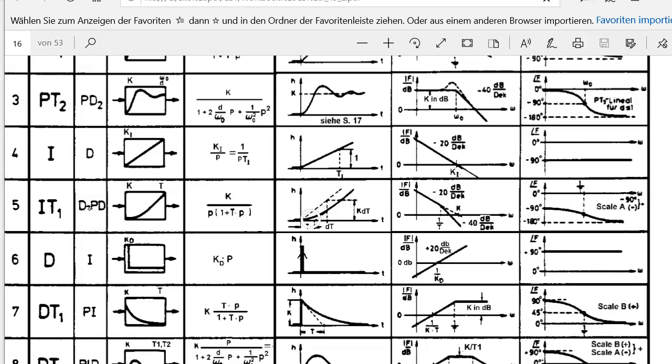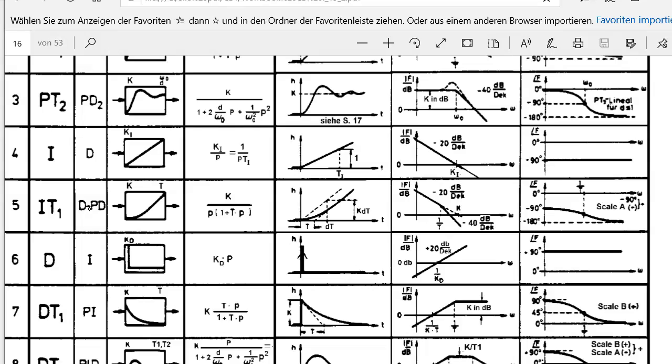There is an exponential delay and then ending in a ramp. The ramp has the gradient K. This is K dt, and this is the time dt. So this is a triangle with horizontal K dt and vertical dt. So the gradient is K, and the delay is defined by the time constant.